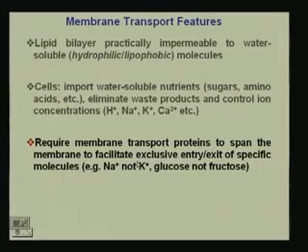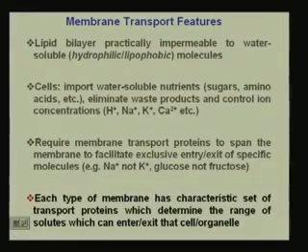Okay, for the specific transfer or for the specific action of the cells, there are these specific transport proteins, and because each of them has a specific molecule that it is going to bind and transport, each membrane transport activity is unique. Now, each type of membrane therefore has a characteristic set of transport proteins which will determine what is going to enter the cell.